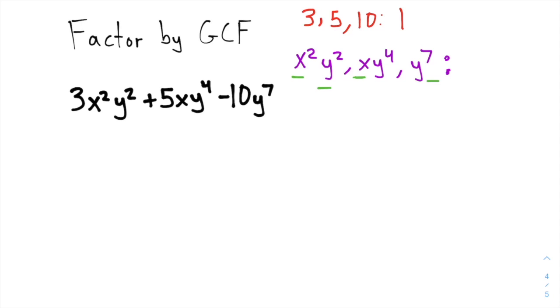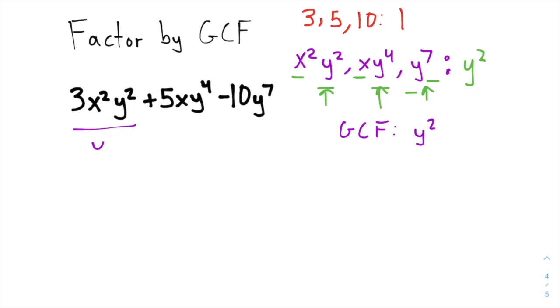All the terms do have y's, so we'll pick y to the smallest exponent. So here we have 2 y's being multiplied together. Here there's 2, here we have 4, and here we have 7. So each term has at least 2 y's being multiplied together. So our greatest common factor is 1y squared. I'm not going to bother to keep writing that 1. Multiplying by 1 doesn't change anything, so we're just going to call it y squared.